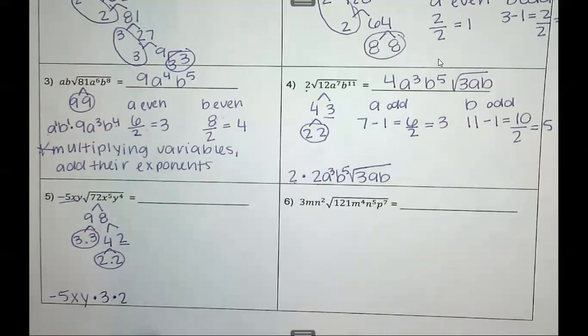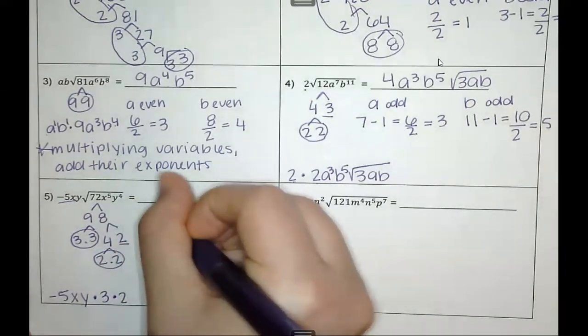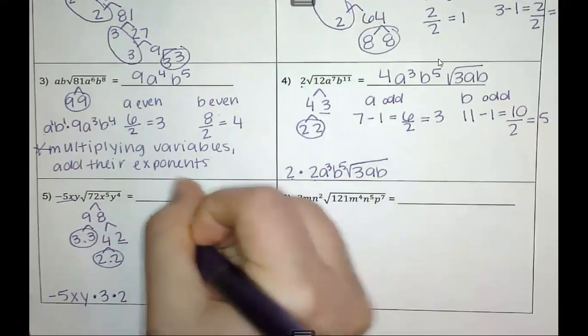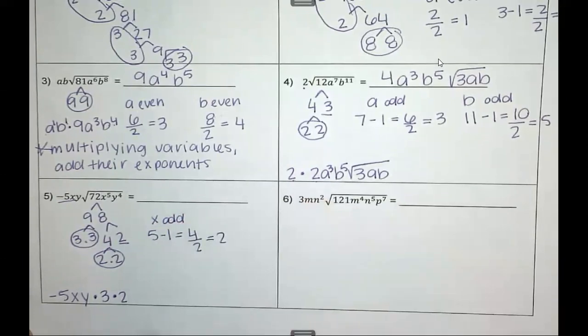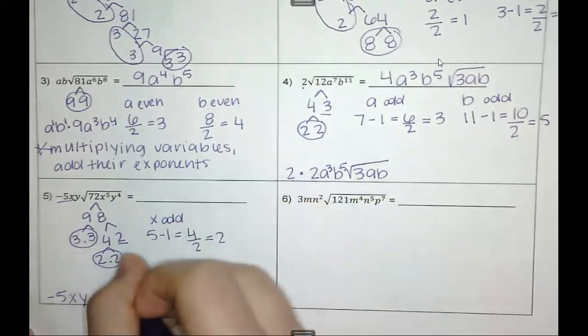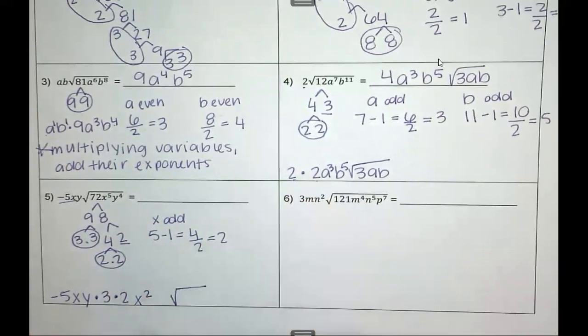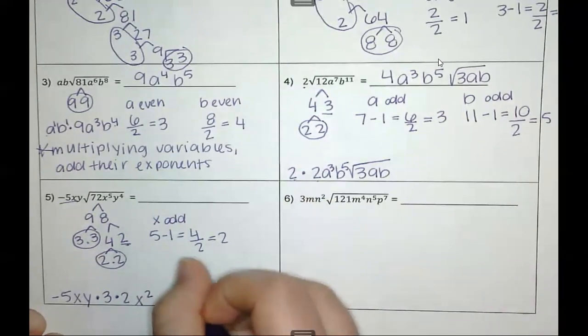All right, now we're going to take care of our variables under the square root. So for x, my exponent is odd. 5 is odd. So our rule is to subtract 1 and divide by 2, which gives us 2. So I'm going to be able to pull out an x squared, but because it was odd, I'm also going to, underneath my square root, have an x as well as the 2 that didn't have a pair here.